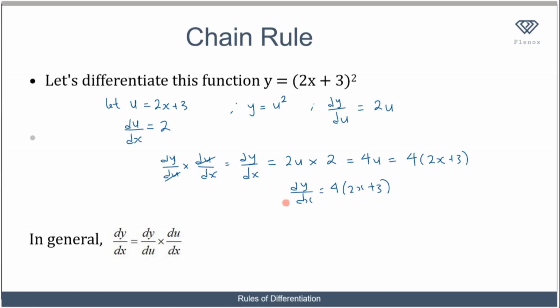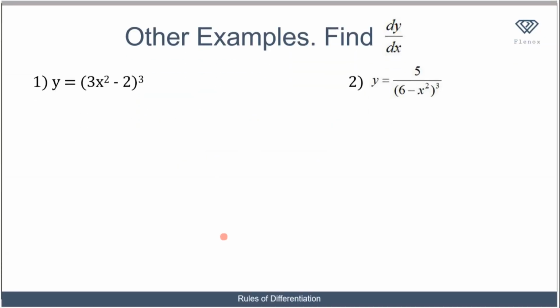So in general, the chain rule tells us that if I'm trying to find dy over dx, that is equal to finding dy over du first and multiplying that by du over dx. So let's look at some further examples to explain this point.